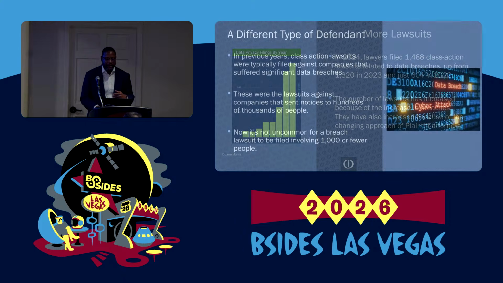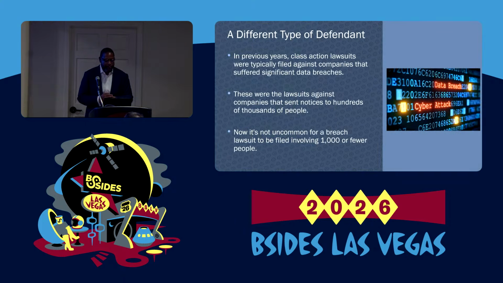In previous years, a class action lawsuit was reserved only for those big data breaches that were in the news all the time. Now, it's not uncommon for a lawsuit to be filed against a company over a smaller breach, where fewer people were impacted.